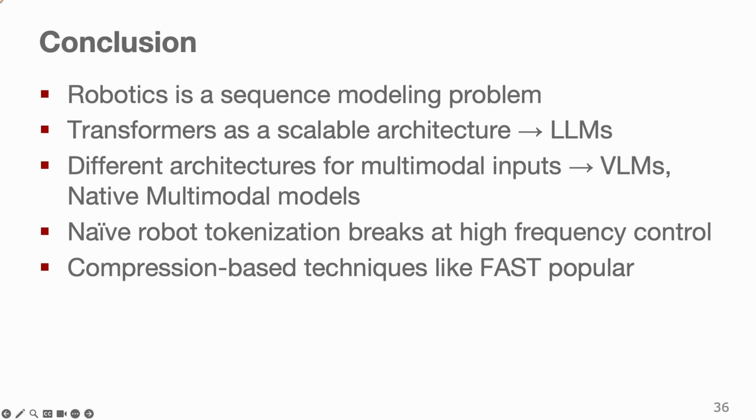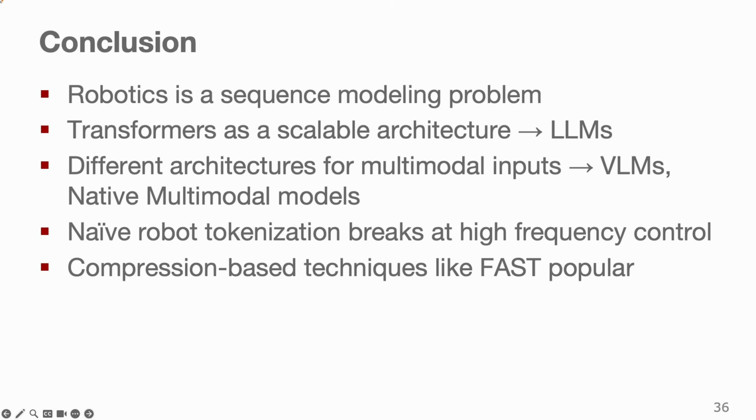And the fix we addressed in this lecture is to reformulate robotics as a sequence modeling problem. And then we went around building this toolkit, right? Transformers give us a scalable architecture for sequence modeling with O(1) access to any part of our history. Scaling those transformers gives us LLMs with emergent capabilities.